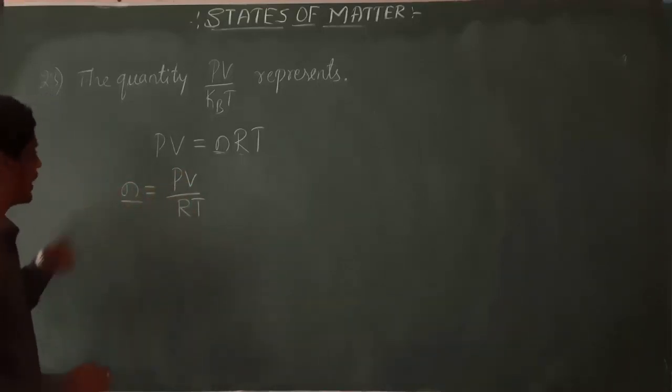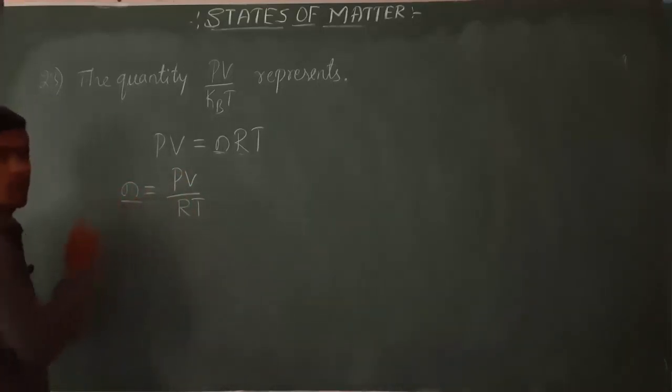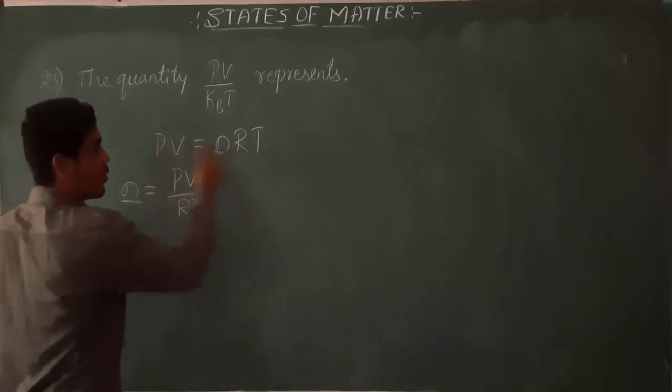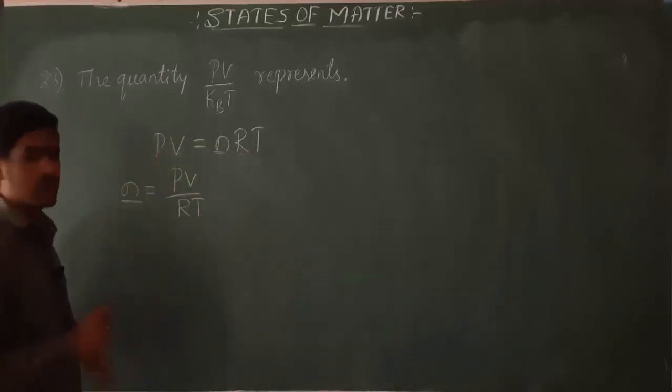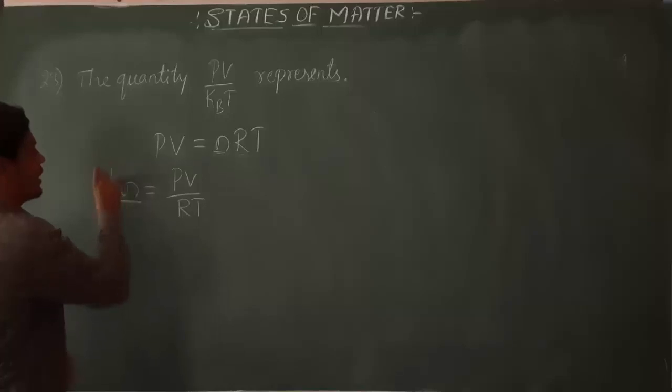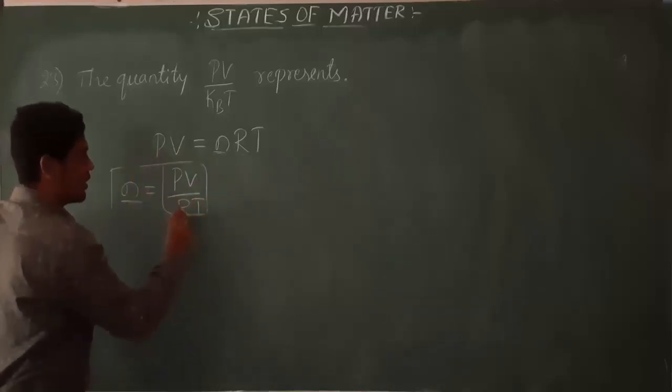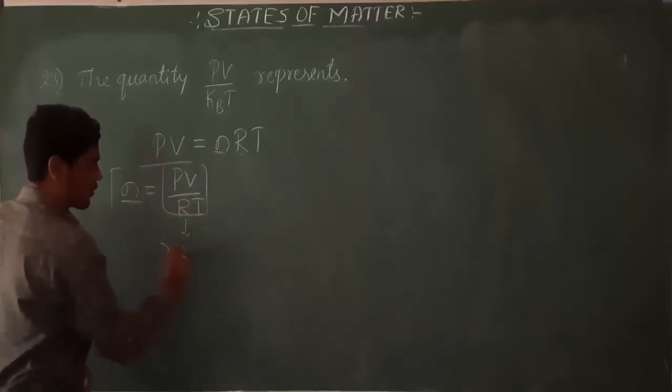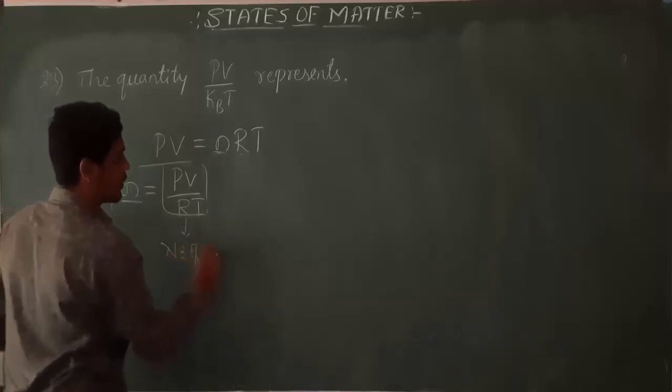So what is n? n means number of moles. So PV is equal to nRT. If you consider this equation, PV by RT indicates the number of moles. Okay, but what they have given?